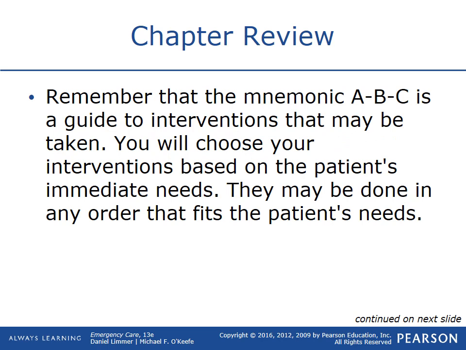Remember that the mnemonic ABC is a guide to interventions that can be taken. They are life-threatening problems if you find a problem with them. You're going to choose your interventions based on the patient's immediate needs. They may be done in any order that fits the patient's needs.